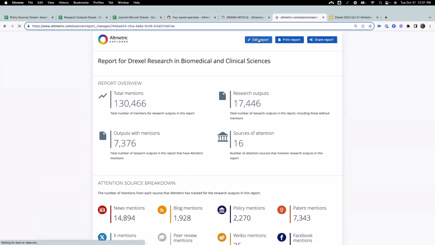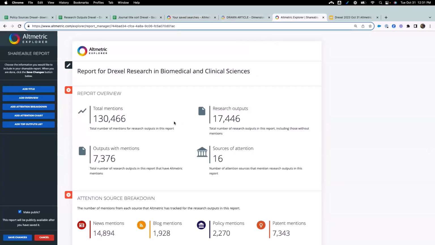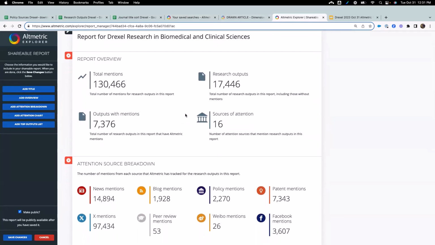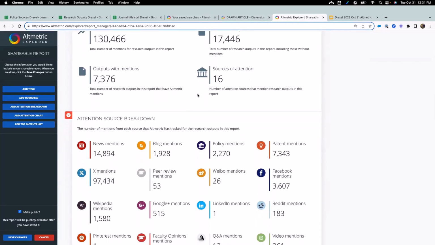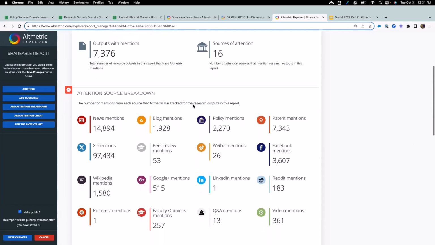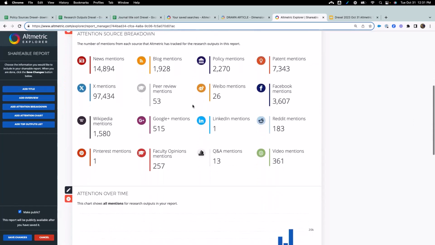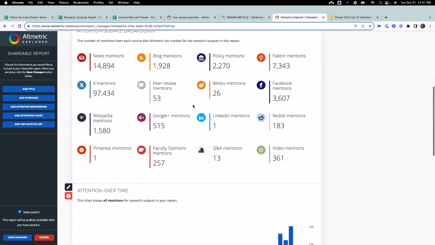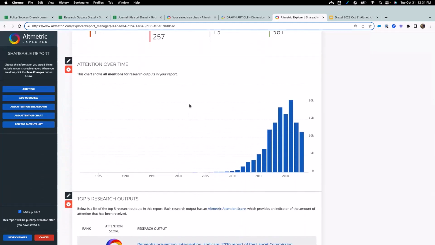So you can edit this report, and these categories can be deleted or added back in, but you can't add any additional ones. So this is not a product where you can, okay, I want to import perhaps from VOSviewer or something along those lines. So this is kind of a standard for a shared report, but if you don't find any of these helpful, like if this attention over time is not helpful, you can just delete it.